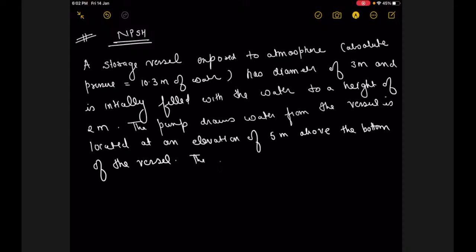The frictional head loss in the suction pipe is 2 meter of water.